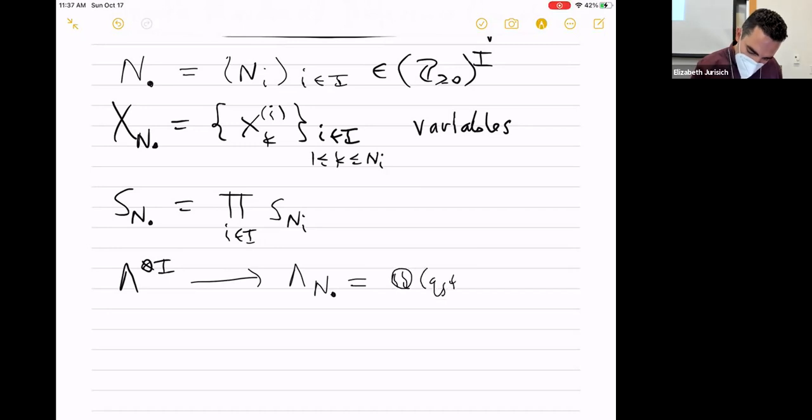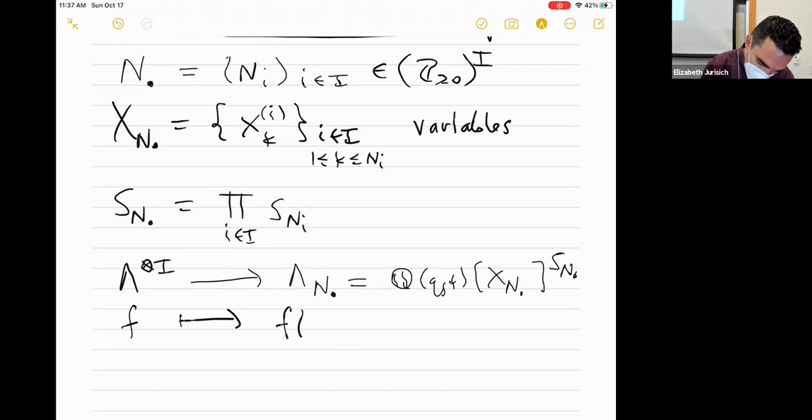I have my variables X_n dot, and these polynomials have to be symmetric with respect to that product of symmetric groups, and you're really just plugging in. You could think F is just a simple tensor. F is a product of little f_i, and in f_i you plug in the variables at that vertex.